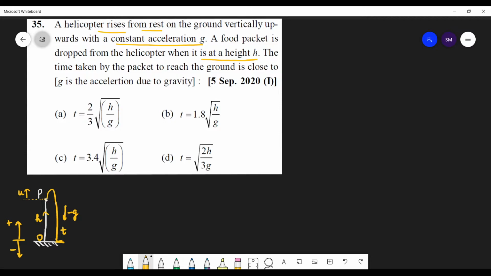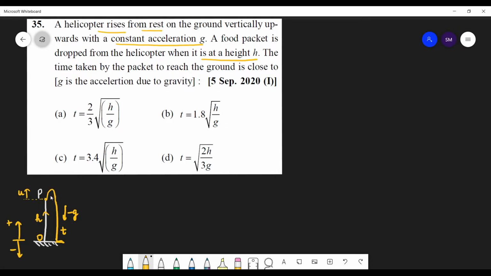So obviously the food packet was also, let the velocity be u at that point of time of the helicopter. So the packet was also, because it was part of the helicopter, moving up with that velocity. So when it was dropped from the helicopter, it's not part of the helicopter now, but its initial velocity will be u, which is upward.